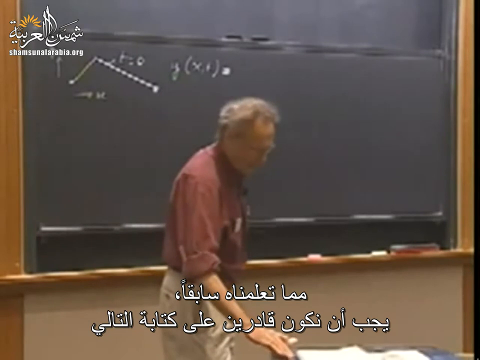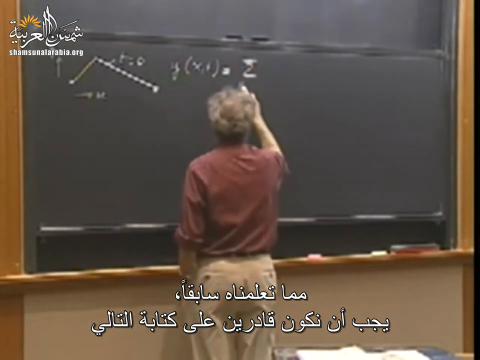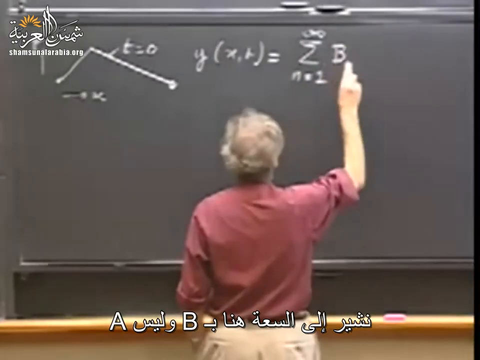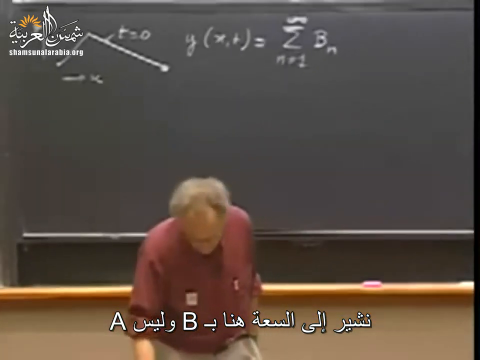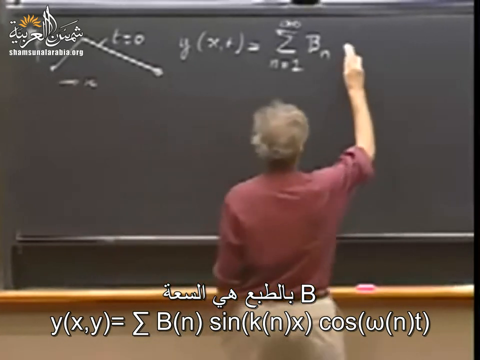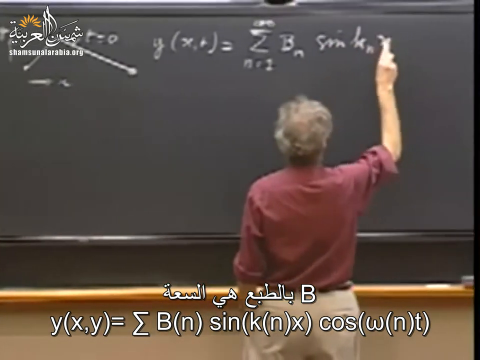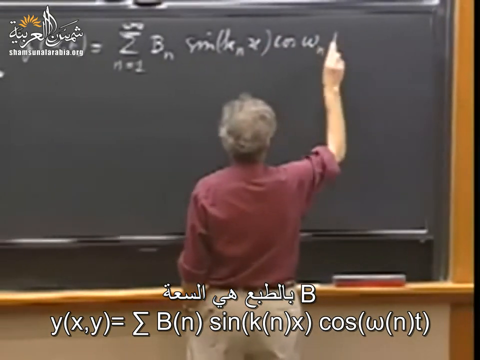then we know from what we have learned to date that you should be able to write this as the sum from n equals 1 to infinity of amplitudes, which I indicate with a b now rather than with an a, but b is of course an amplitude, has a dimension length, times the sine of k_n x times the cosine of omega_n t.